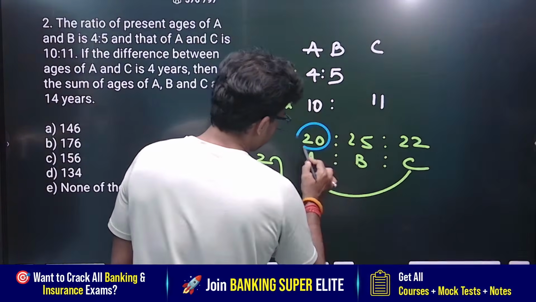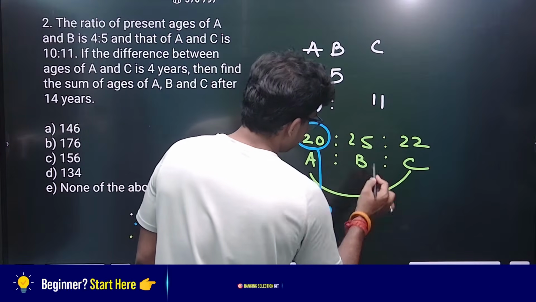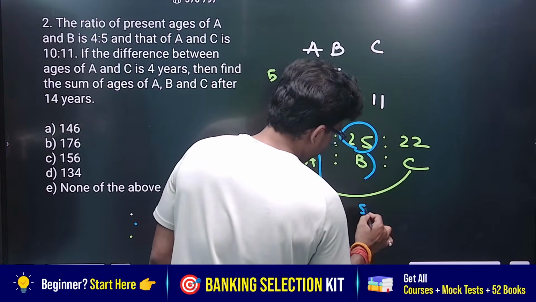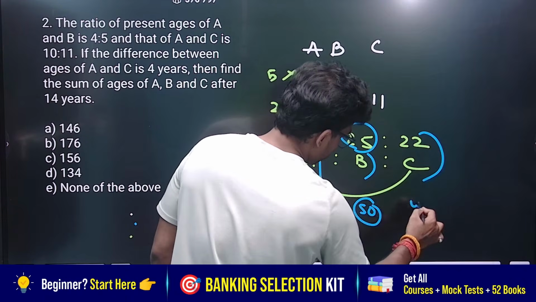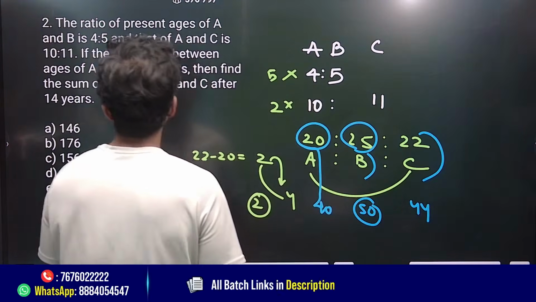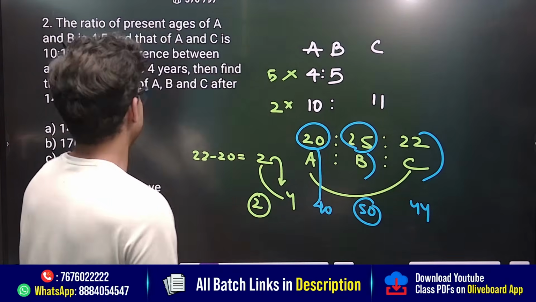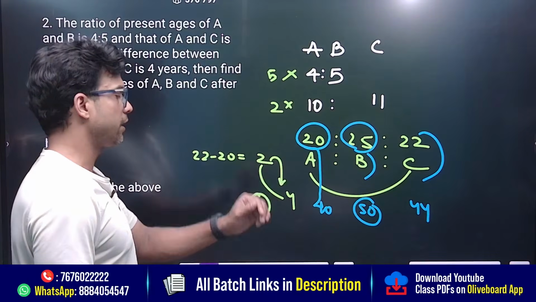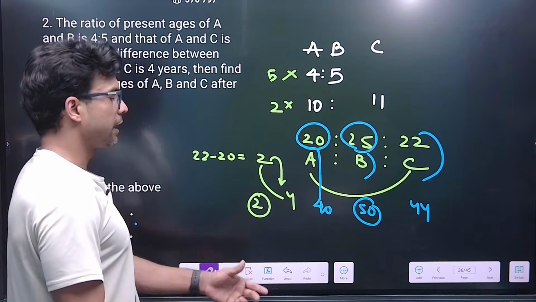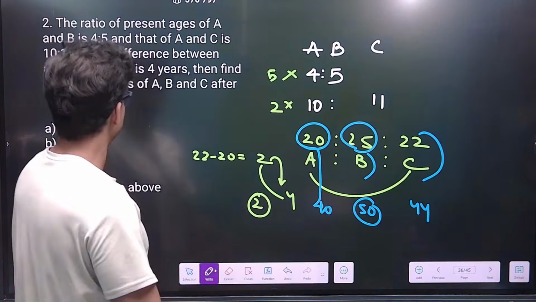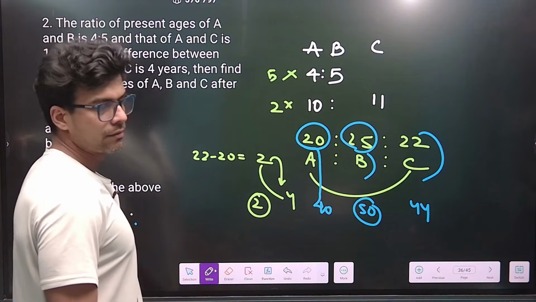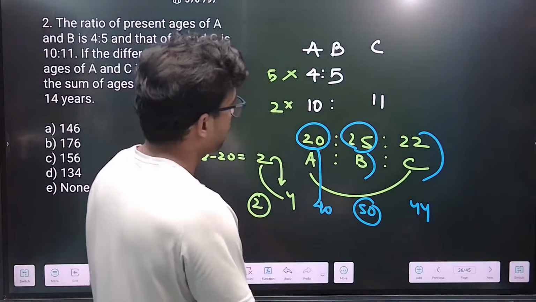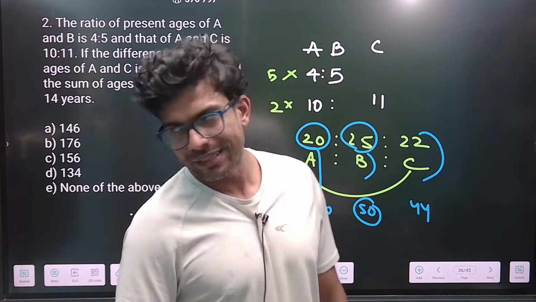Then this 20 would be equal to 40, this 25 would be equal to 50, and this 22 equal to 44. Find the sum of ages of A, B, C, which is 40 plus 50 is 90, plus 44 is 134... 134 plus 42 is 176.